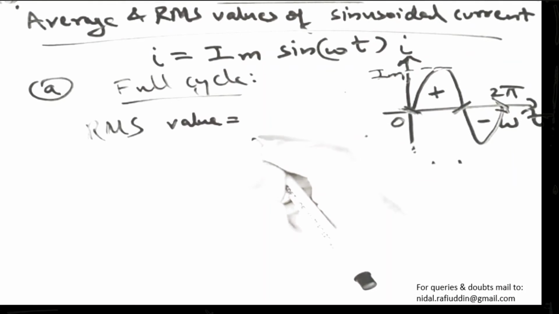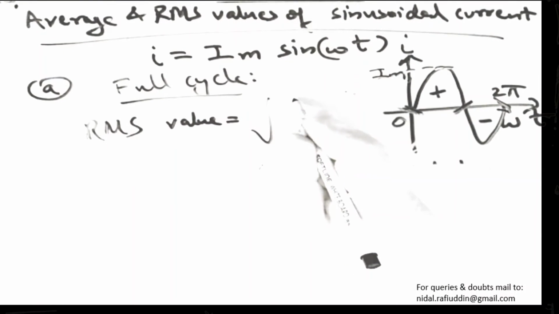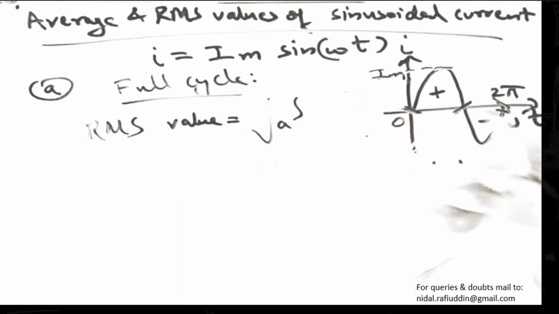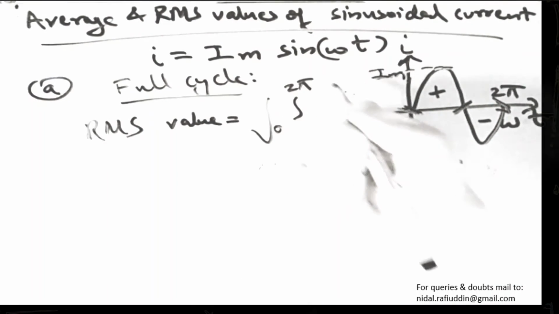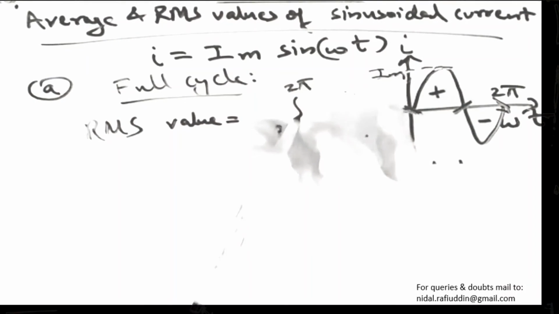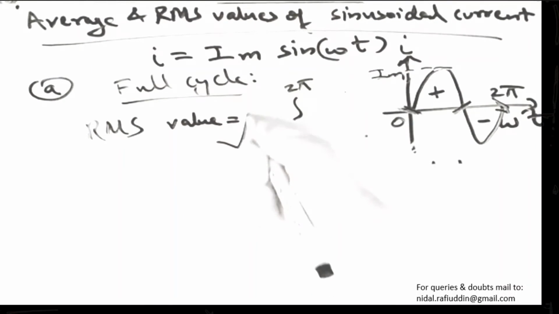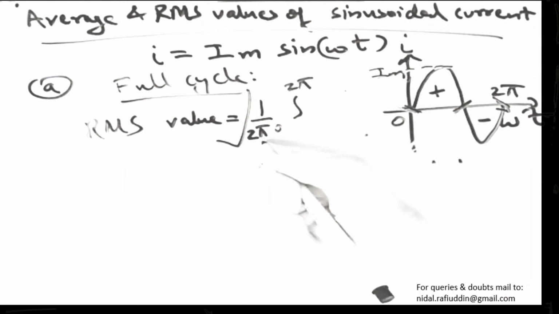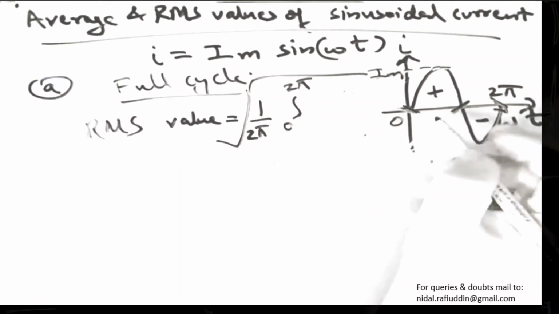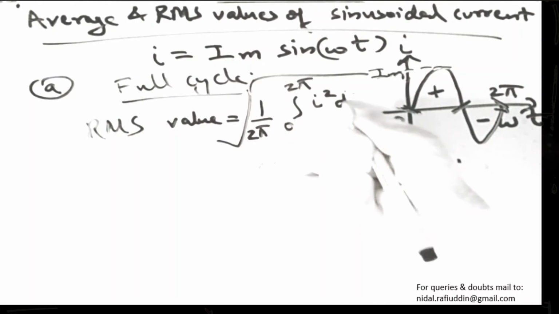By definition, the RMS is given by A to B. In this case, this is 0 to 2 pi for full cycle, and 1 upon capital T. Capital T here is 2 pi, or B minus A, which is 2 pi. I square d omega t.